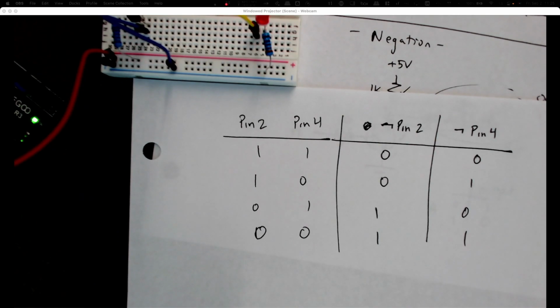Wait, so if it's in the middle, what's it called? The base. The base. So if it's in the base and then the one on the further side, the emitter is connected directly to ground. So essentially what happens is if the transistor allows current to flow, it flows through the transistor directly to ground rather than through the light, and the light turns off because the current's actually going through this wire.